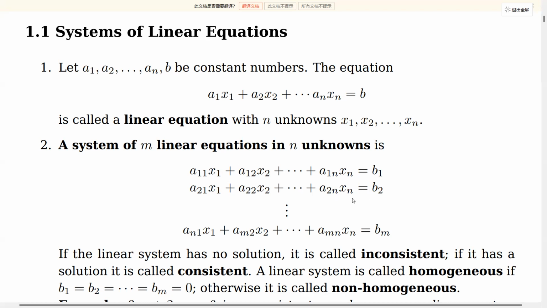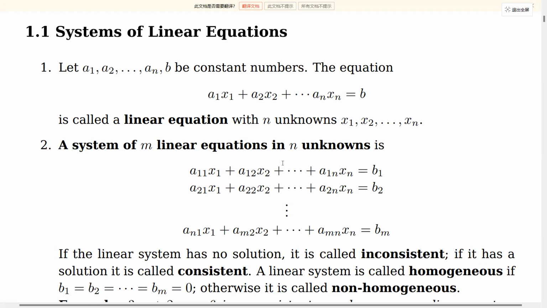You get another equation, and you can do it repeatedly. For example, you can write down m equations like this. So this is called a system of m linear equations in n unknowns. I'm sorry, I probably said n when it should be m. So you've got m linear equations with n variables.